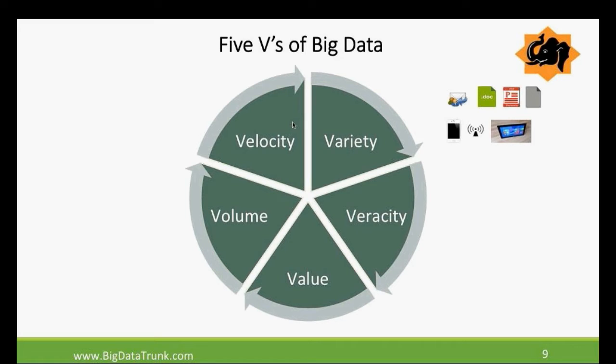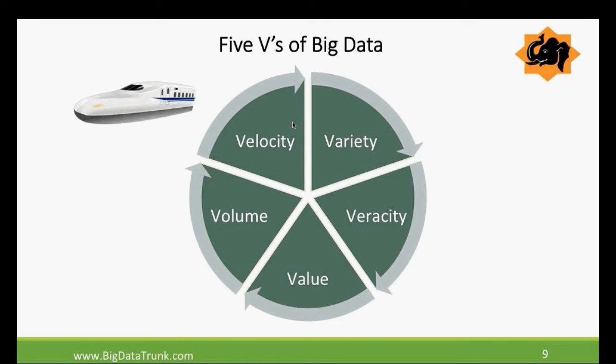Now we are seeing people collecting and processing data coming in various forms and shapes, whether it is images, videos, or network sensors. All this variety of data is not only being collected, but we have the capability to really process it and do intelligent things on top of it. So that's the variety part which we are referring to.